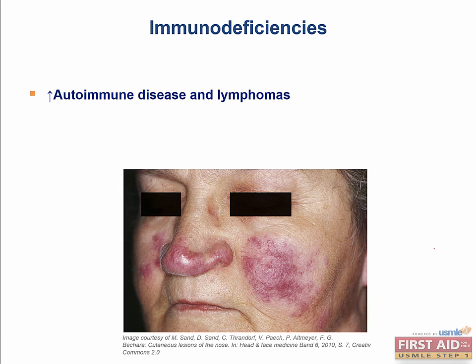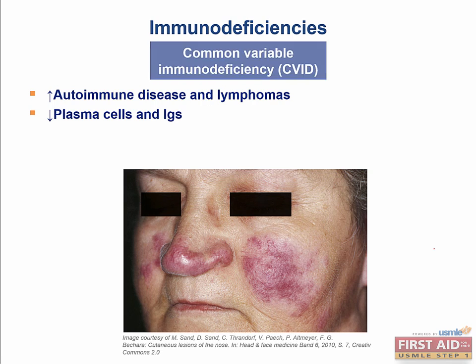Further lab studies show that she has a decreased plasma cell count and immunoglobulin count. What does she have? Common variable immunodeficiency is the answer. And this is unique in that it is an immunodeficiency that takes place later in life. So that's what you want to remember for this one.